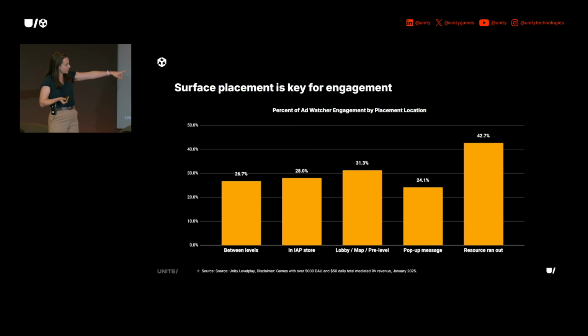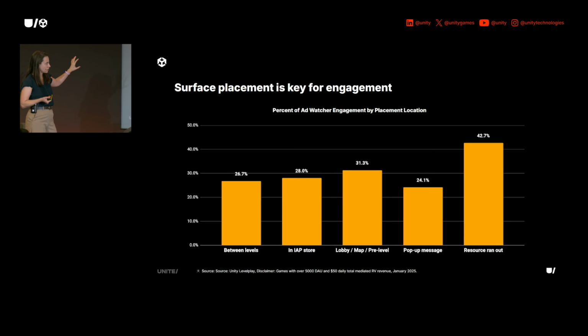The one that stands out is probably the one that gut feeling would have told us is the most interesting one. 43% of players who get offered to, let's say, watch a rewarded video will do so if they are out of resources at that point in time. Very common sense, but the data definitely supports that as well.